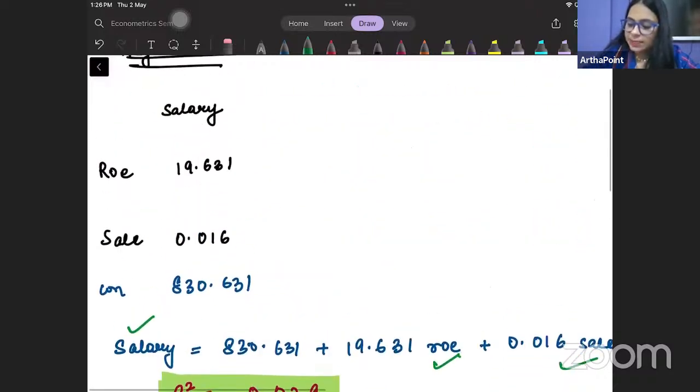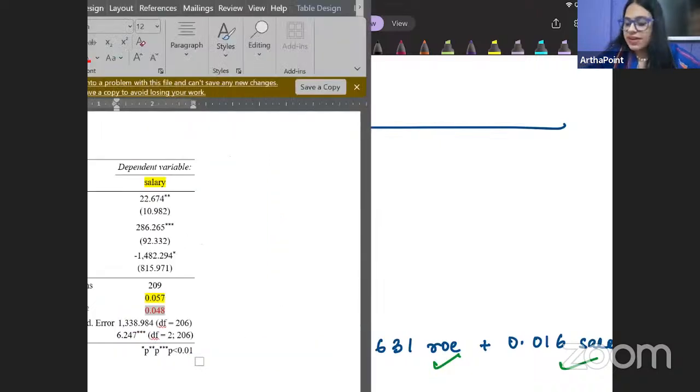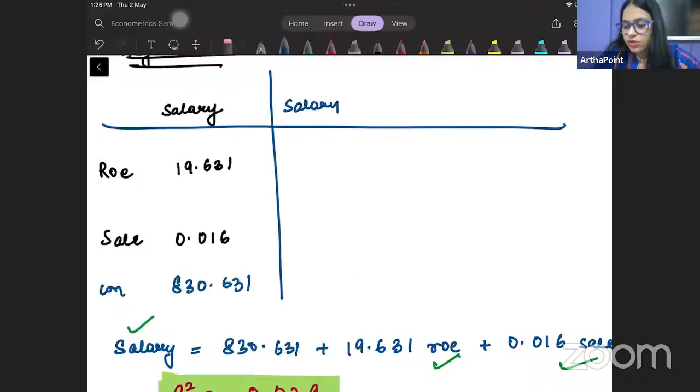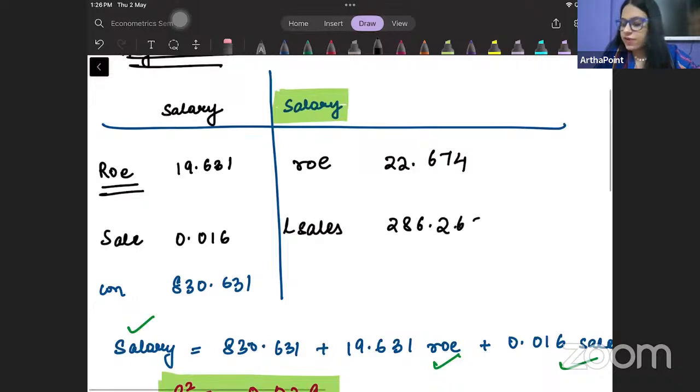Achha. Now what happens, beta, is that as long as my dependent variable is the same, meaning the second model I ran also had salary as the dependent variable. One independent variable was ROE, with a coefficient of 22.674. But the other independent variable was in the log format, so this was log sales, with 286.265.